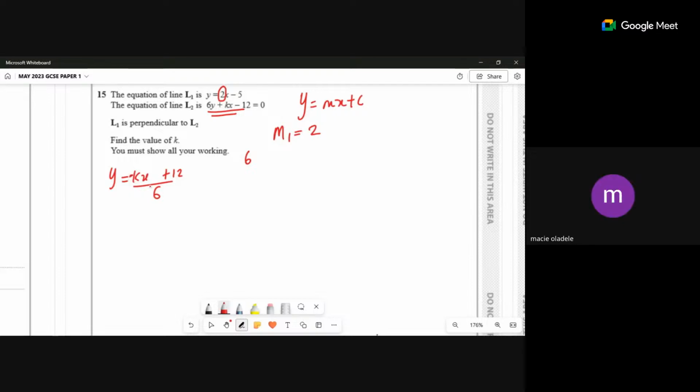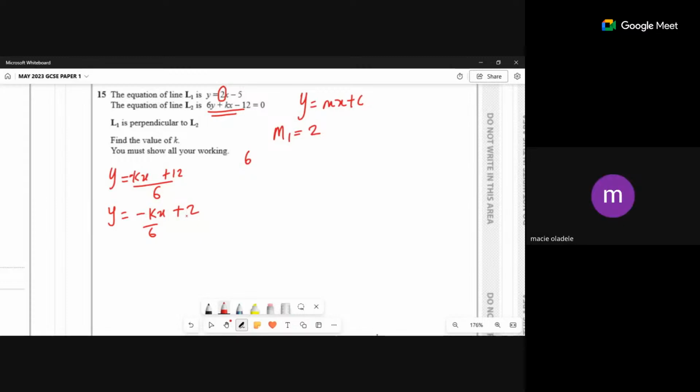All right. So if you split this it will give you negative kx over 6 plus 12 over 6. That's 2, right? You get that? This is 2. 12 over 6 is 2.